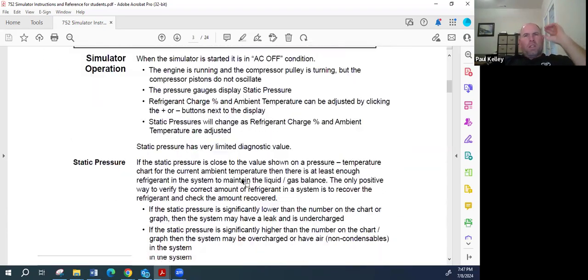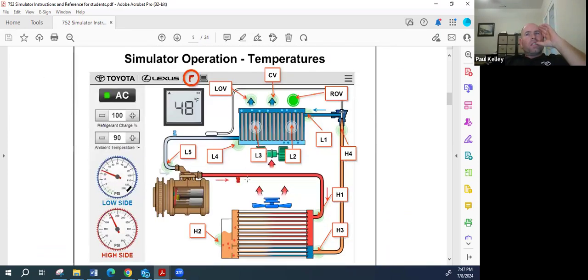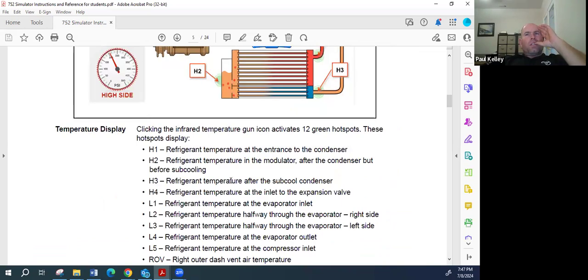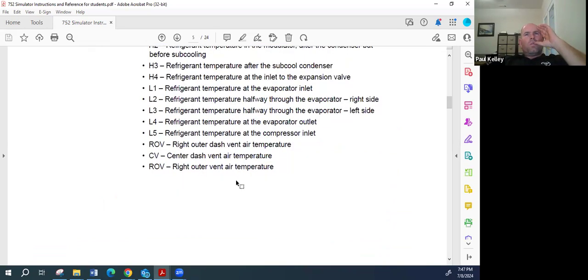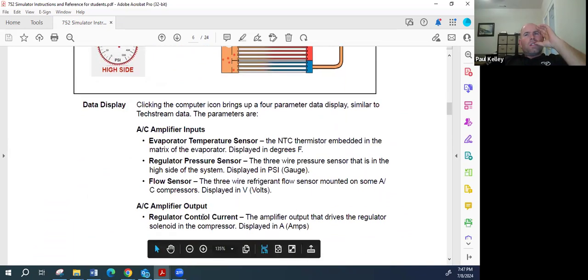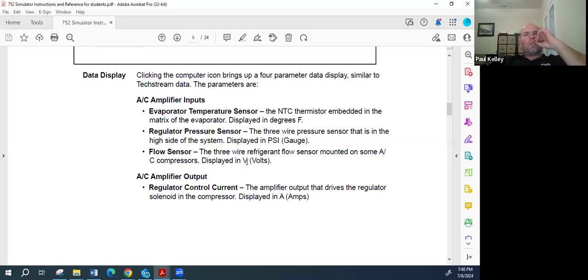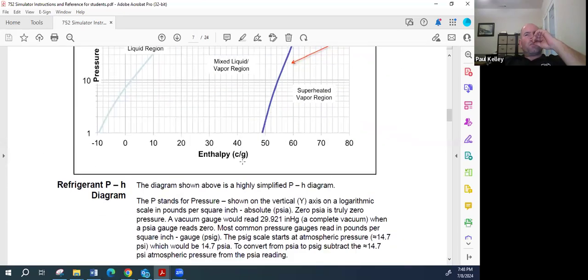And so you might dig in new car features or one of these places and understand refrigerant flow sensor. Okay, a 3-wire refrigerant flow sensor mounted on some AC compressors displayed in volts. Okay, didn't really give us a ton of information though.